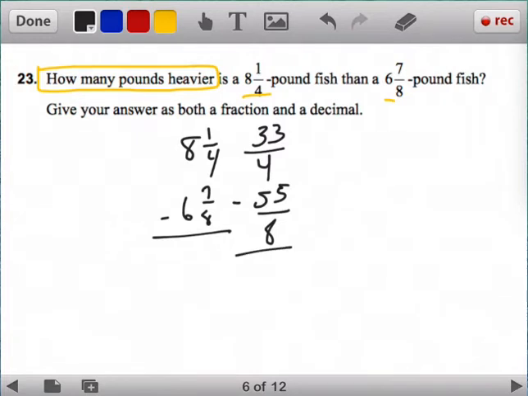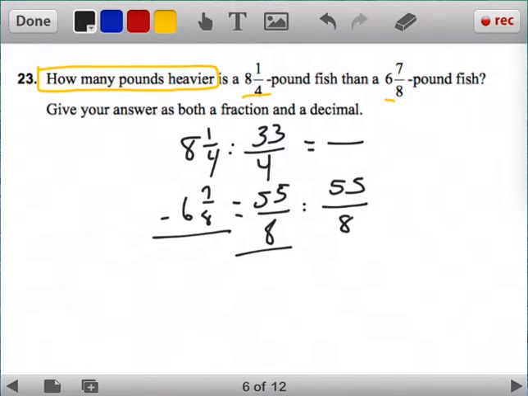And now I'm subtracting these 2 fractions, 33 fourths minus 55 eighths. They're equivalent to the original 2 fractions, except that they're now improper fractions. Okay, so that equals that, and that equals that. And now we need our common denominator. So 8 is our least common denominator, so we get 55 eighths.